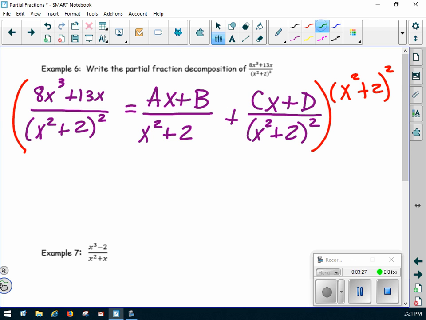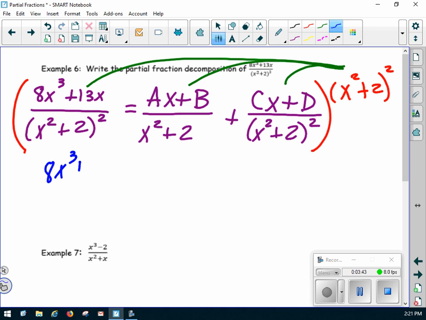Now remember, we're going to distribute here, and here, and here. When we multiply by the far left, everything cancels out, so I'm left with 8x cubed plus 13x. What about when I distribute to here? Good.